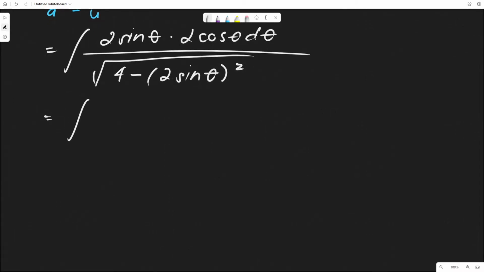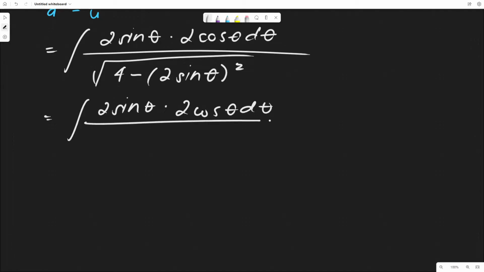We have 2 sine theta times 2 cosine theta d theta over the square root of 4 minus, what is 2 sine theta squared?